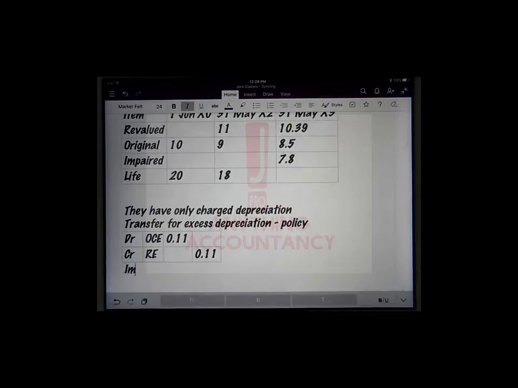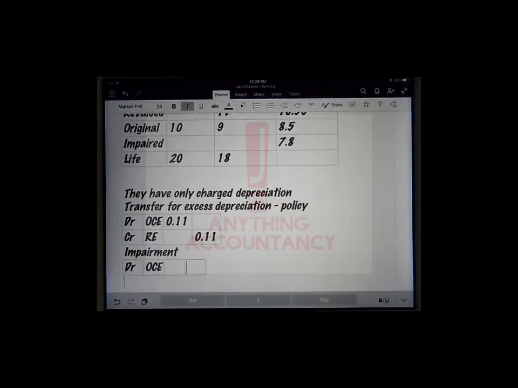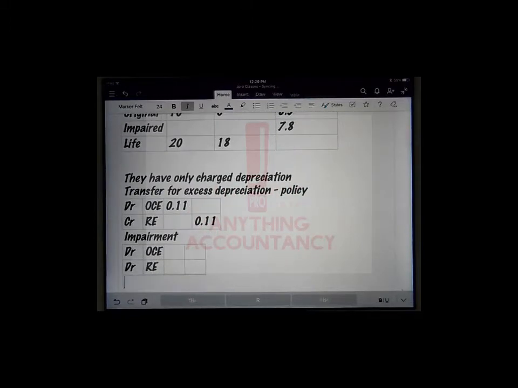Then this one, you go like this. You go down 2.89, correct?